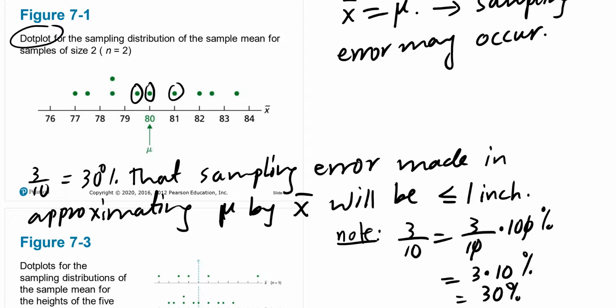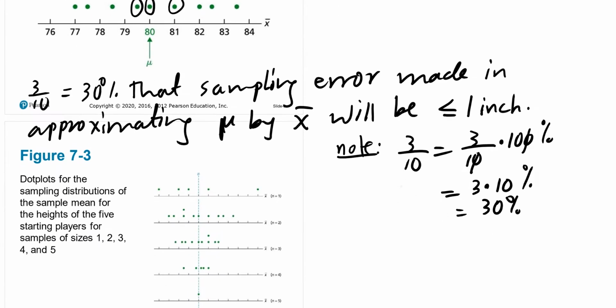Now, as I said earlier, if we do n equals 1, the sample size is only 1. In this case, you don't have to pair them at all. You just plot the given dots. So this is the mean, which is 80. You just plot them on the graph, and you see there were 5 points. When we paired them 2 at a time, the one we showed you earlier, we got these points.